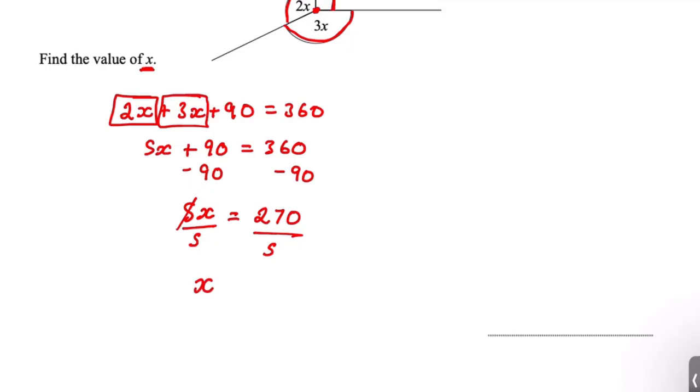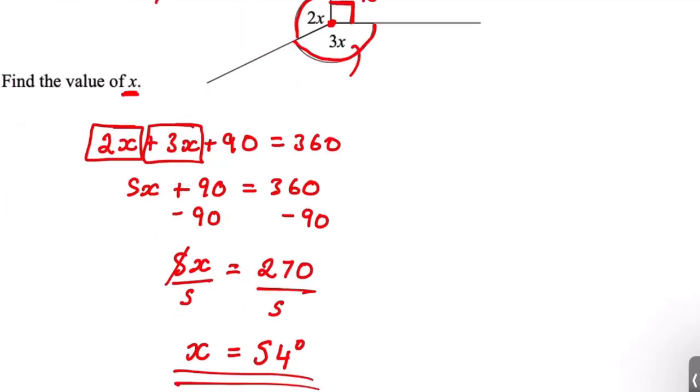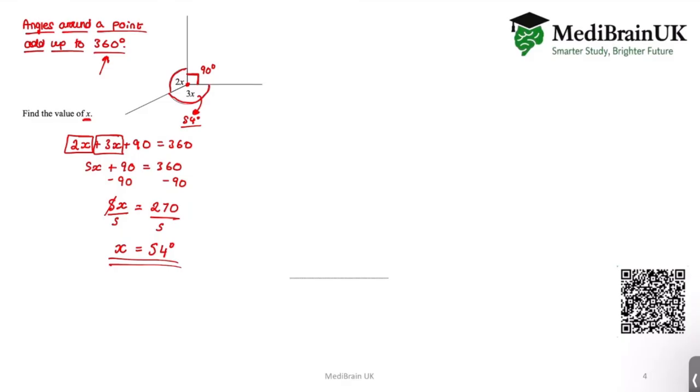So we're going to be left with x on this side, and that's going to be equal to 270 divided by 5, and that's going to get you an answer of 54 degrees. So that means x over here is 54 degrees. That's what our final answer is, 54 degrees.